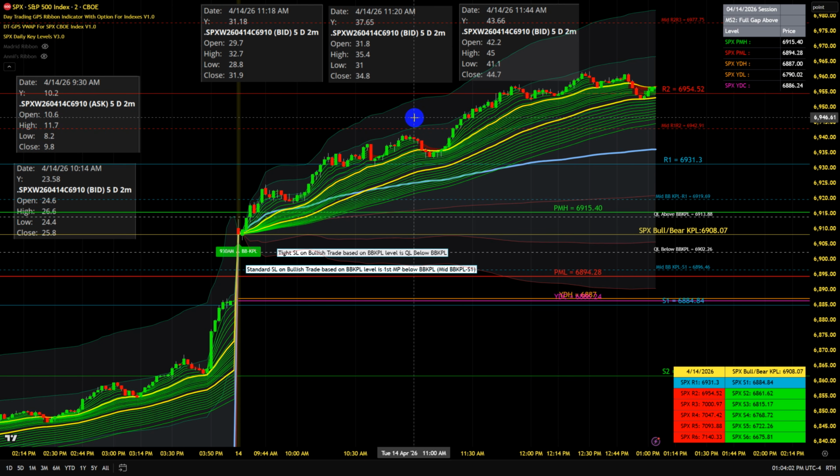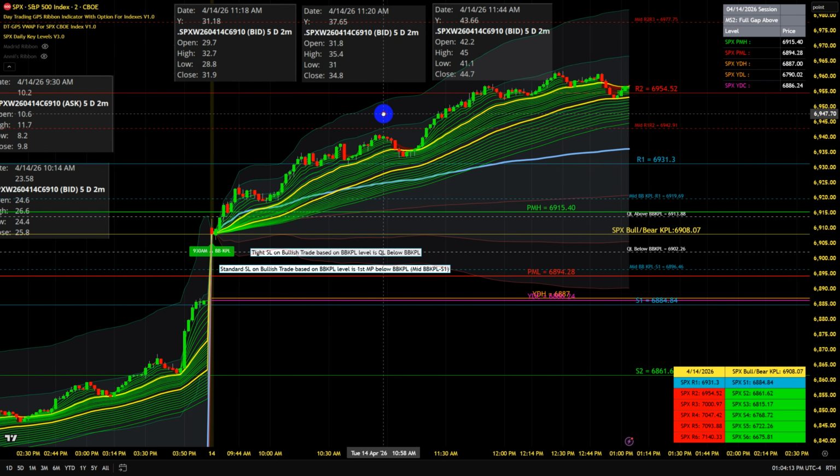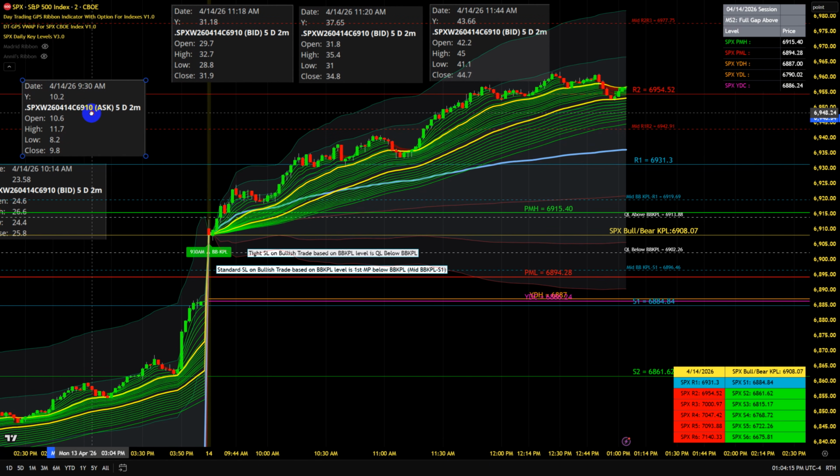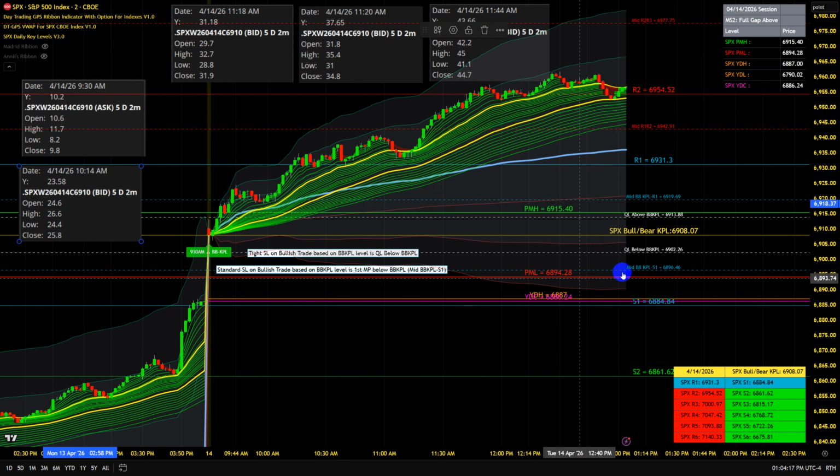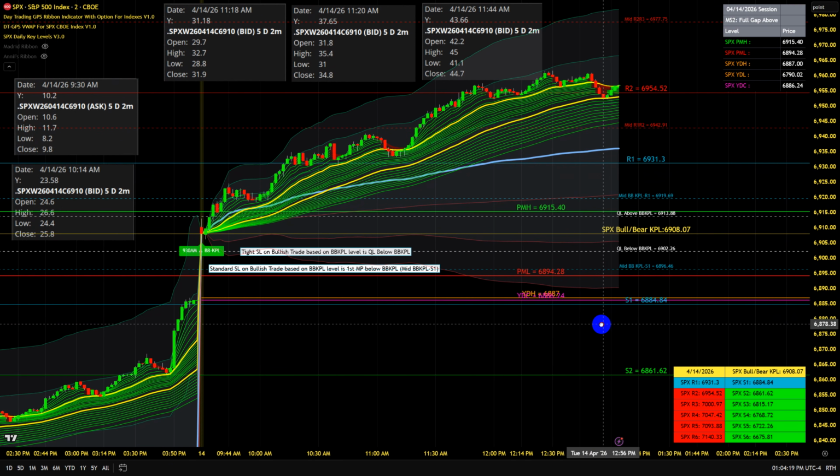You can also, with TradingView, have a candle close countdown, which we don't have currently on this chart, but in TradingView you do have that option where you can turn on the remaining time to candle close, and it'll show you a countdown. So it really just depends on your preference.